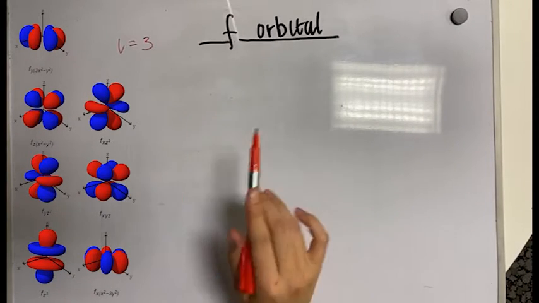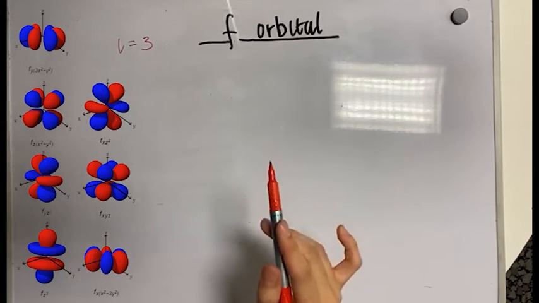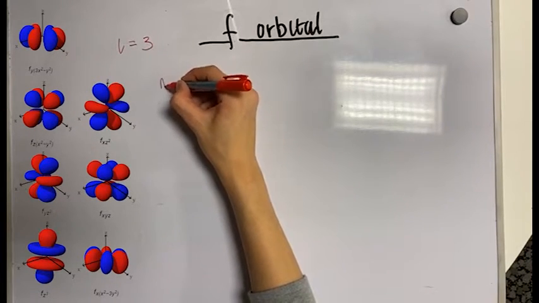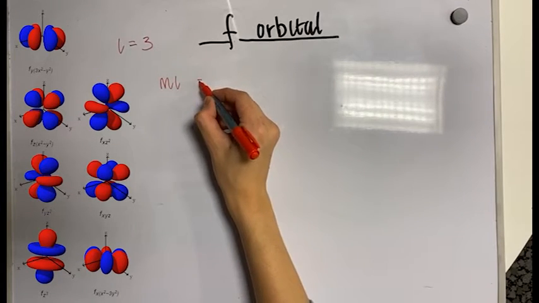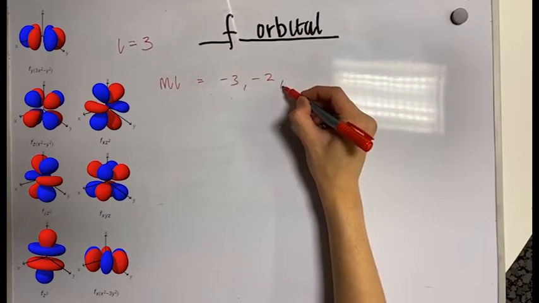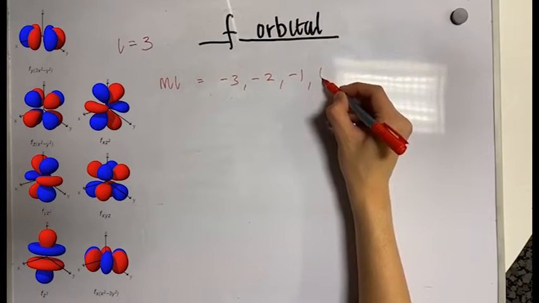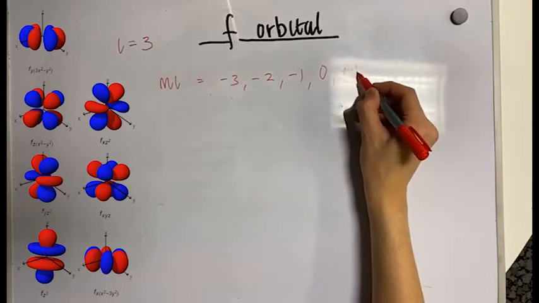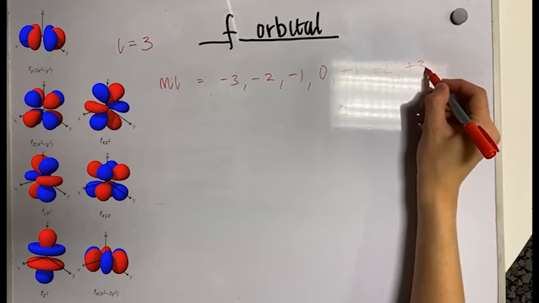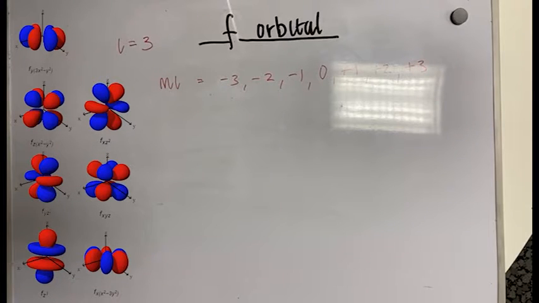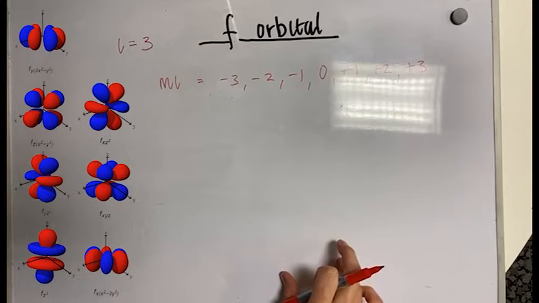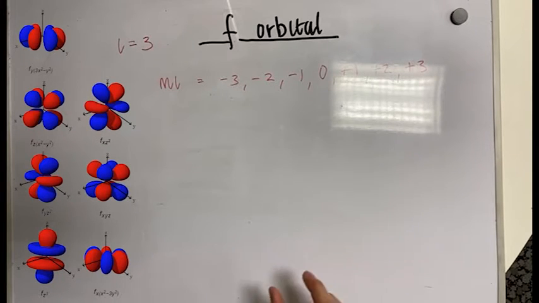So if L is 3, there are a total of 7 possible ML numbers. So ML can be -3, -2, -1, 0, +1, +2, +3.